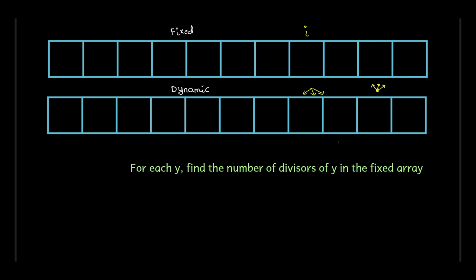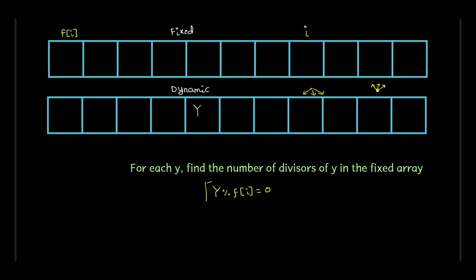Yes, you can. So instead of fixing an element y and then worrying about all its divisors, why don't you fix an element f of I over here and then worry about how many elements are multiples of it, because the reverse of a divisor is a multiple. So if y modulo f of I is equal to 0, how do you read this statement?